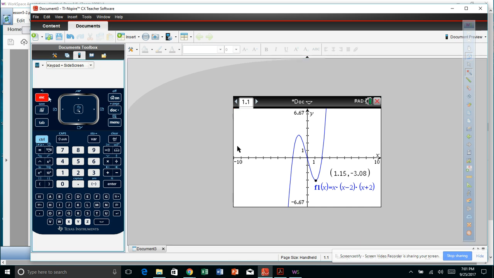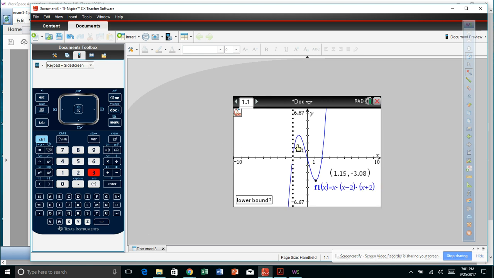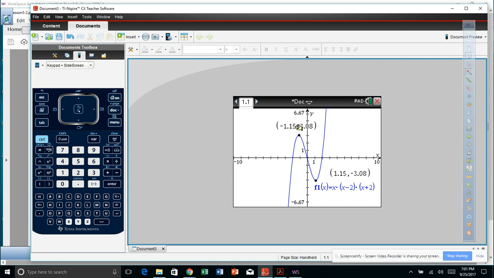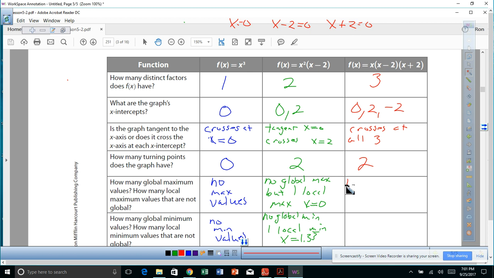Menu 6. 3 is what I should have hit; I hit 4. So it has no global max, one local max at x equals negative 1.15.